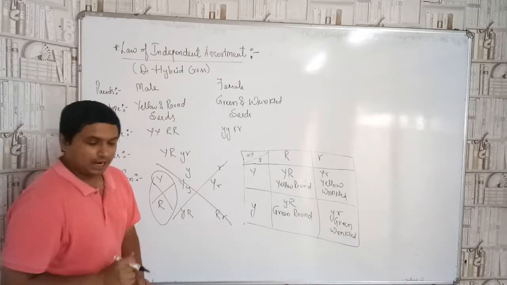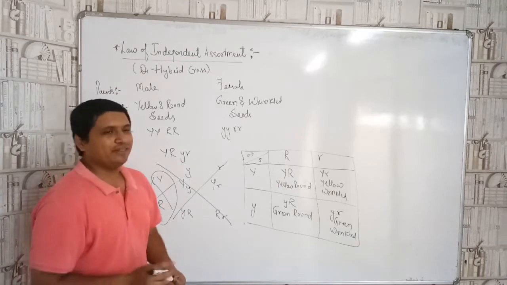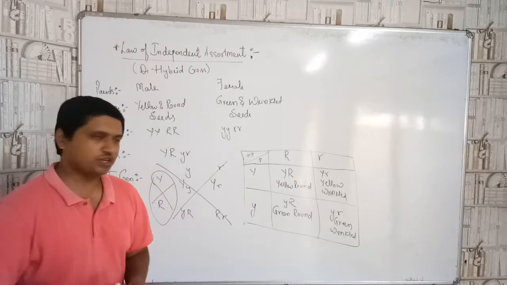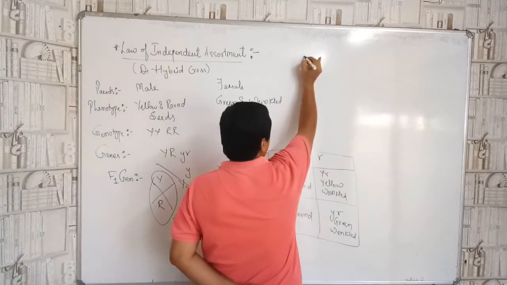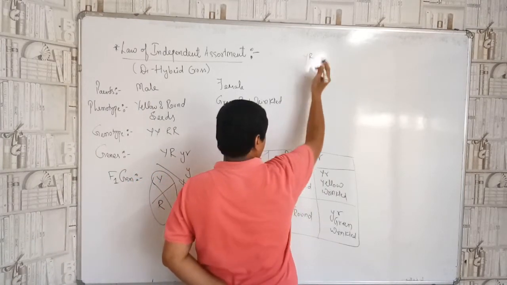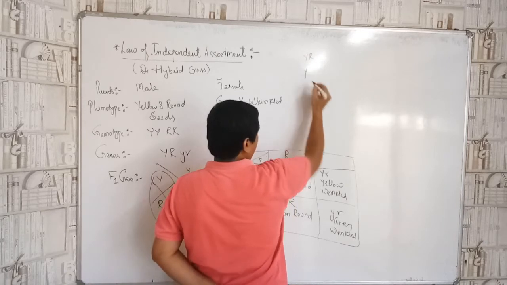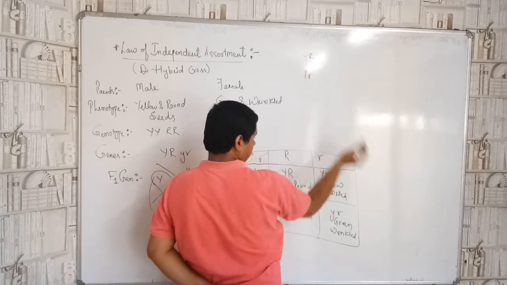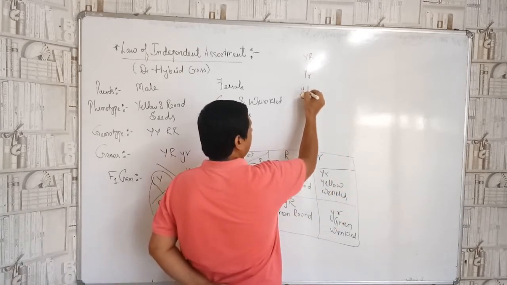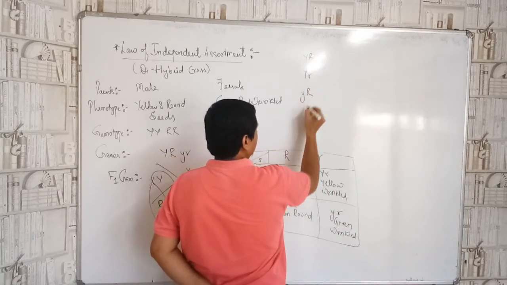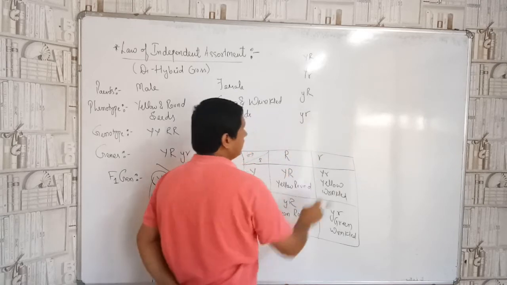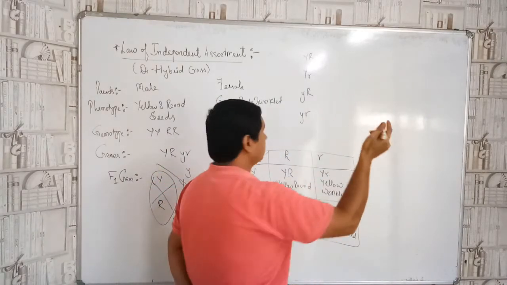Okay, now let us calculate the F2 generation. Take all this as a parent. So Y R, then the Y R, then the Y R, then the Y R. Similarly, the same case with the other part.